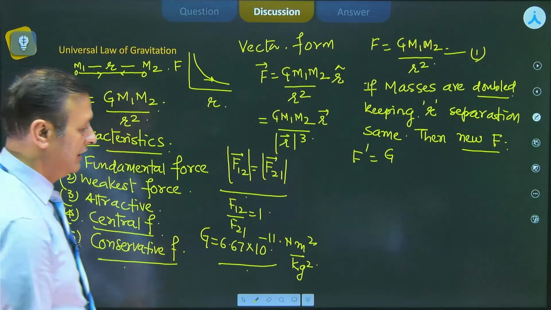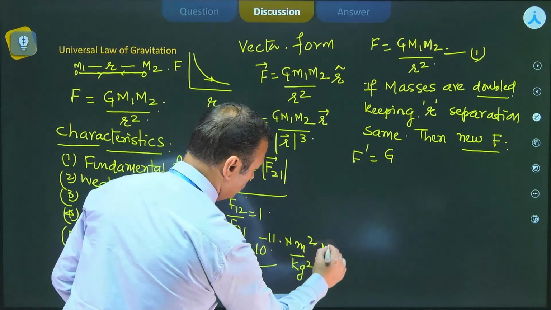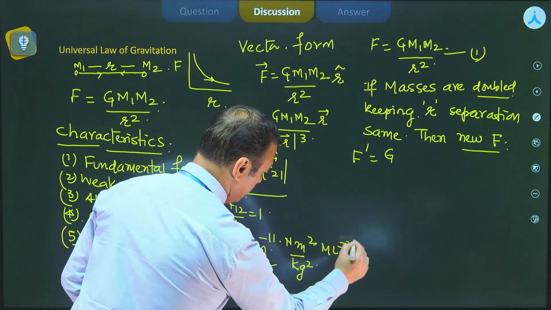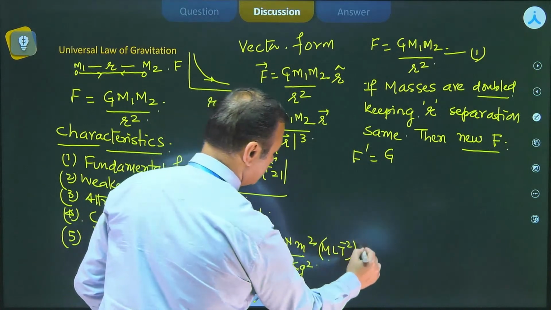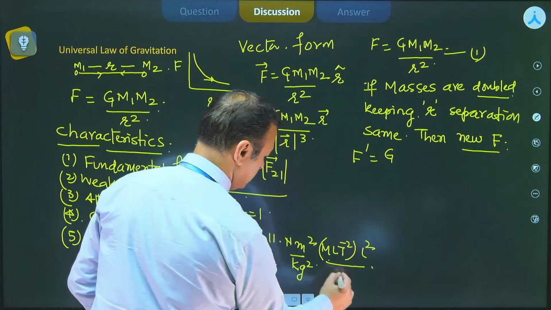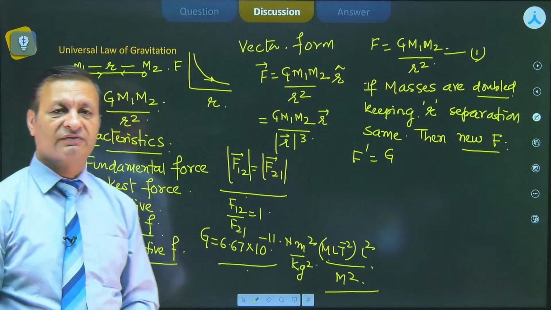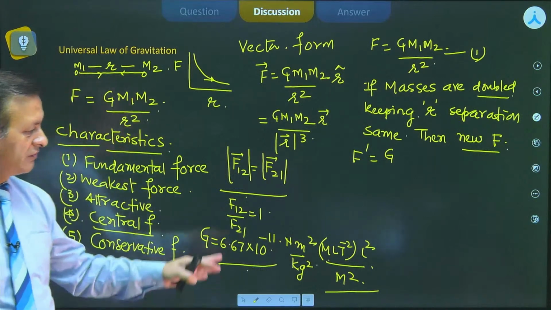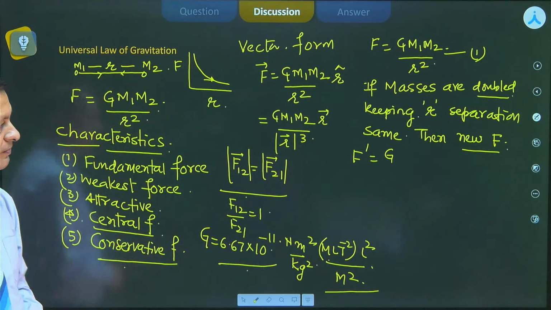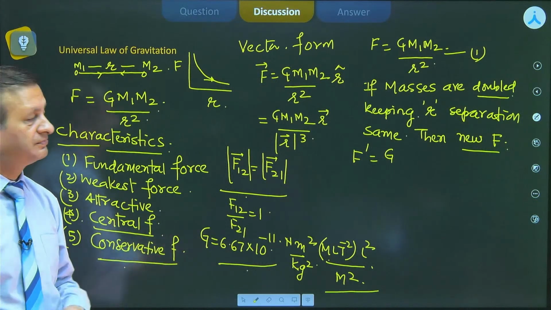Dimensionally, Newton is MLT minus 2, meter means L square and kg means M square. So very well you can have the dimensional formula for G also. Any doubt from this part?